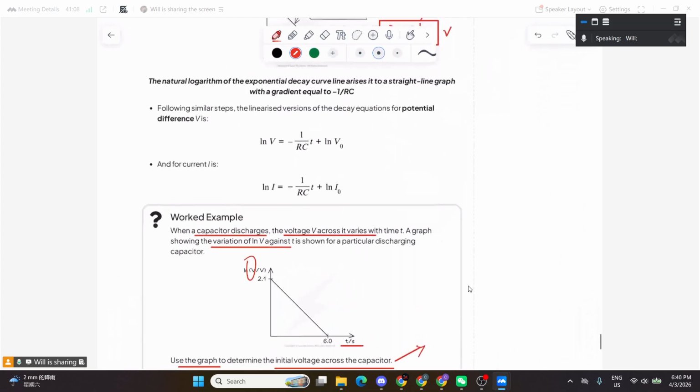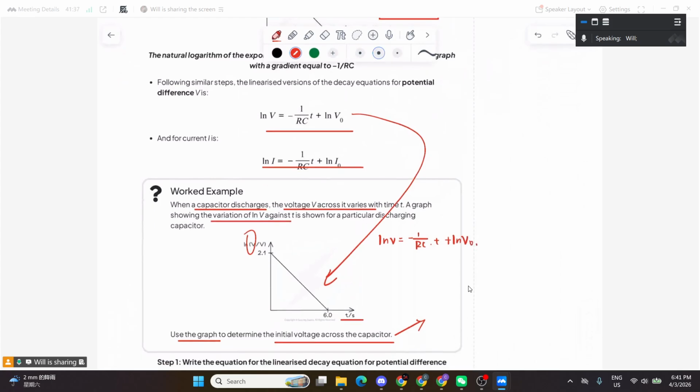Which equation might we use? The first one. The first one is ln V equals negative 1 over RC times t, plus ln delta V.